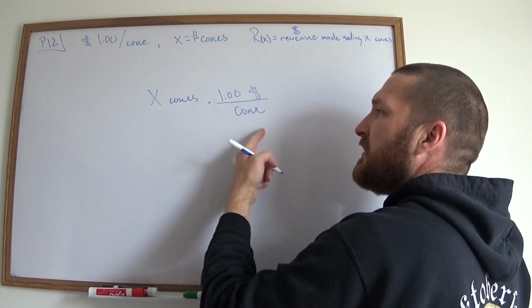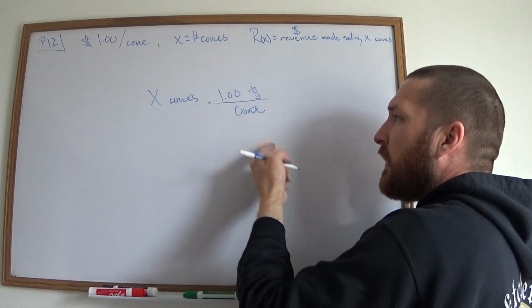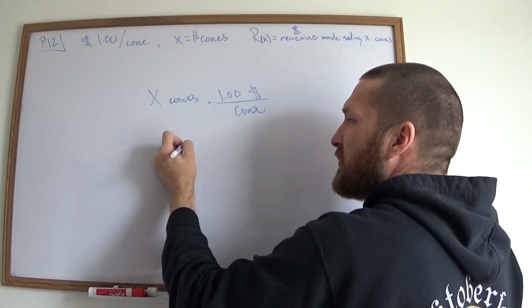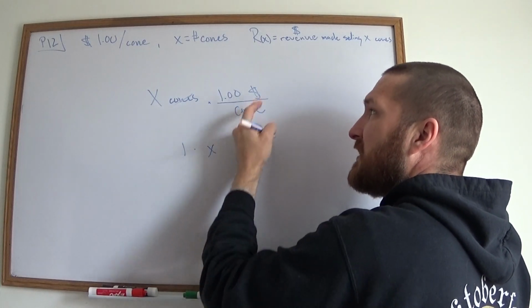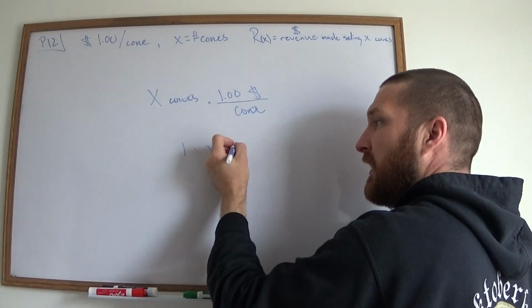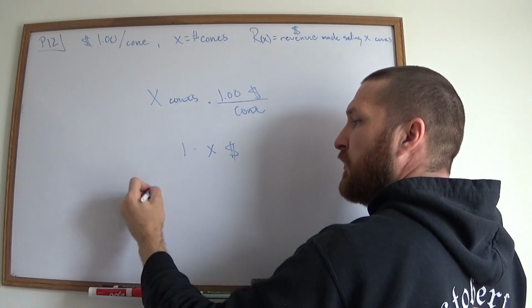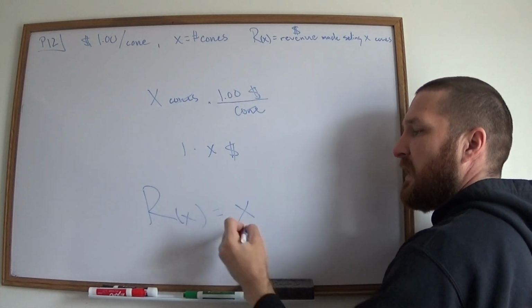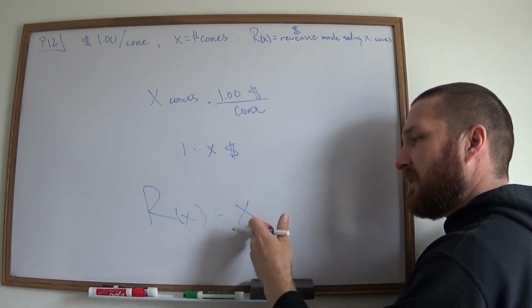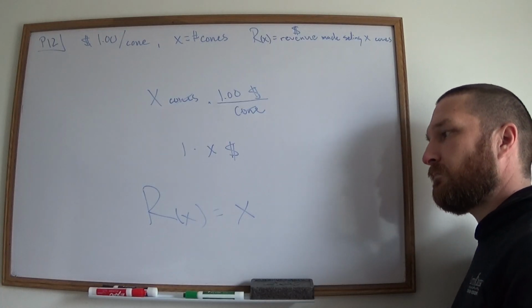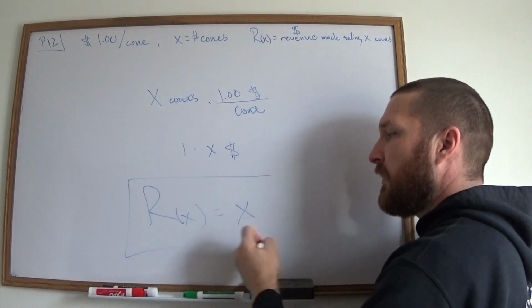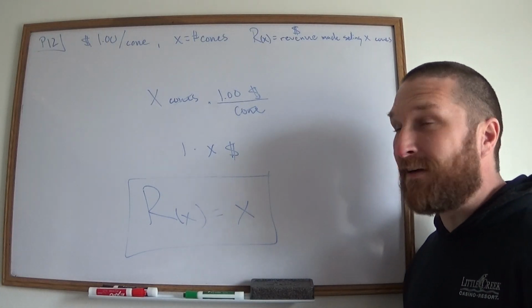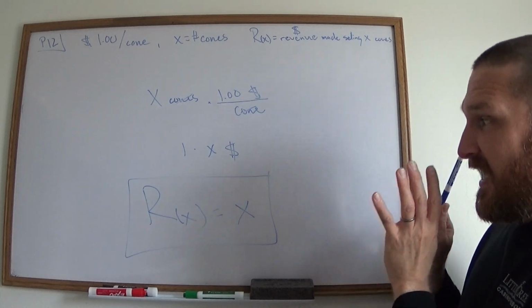If you multiply these two things together, then you get 1 times X dollars. So your revenue, the amount of money that you're taking in as a function of X, should just be X. If you sell X cones, you get X dollars. That was a gimme. I hope that didn't throw anybody for a loop. There's nothing tricky going on here. Should be a nice round X.